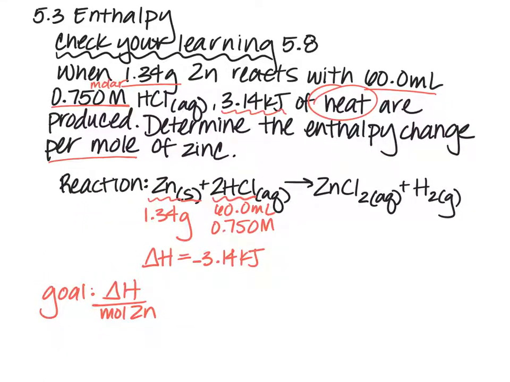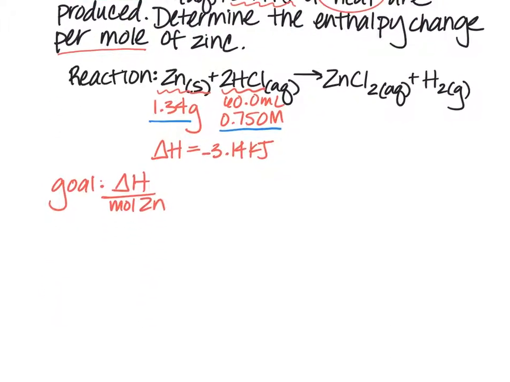All right, so what we're going to do is take this information. These are the two quantities of starting material, or of reactants, that we have. And what you need to do is convert that into moles of the product. So I'm going to do that underneath in blue.